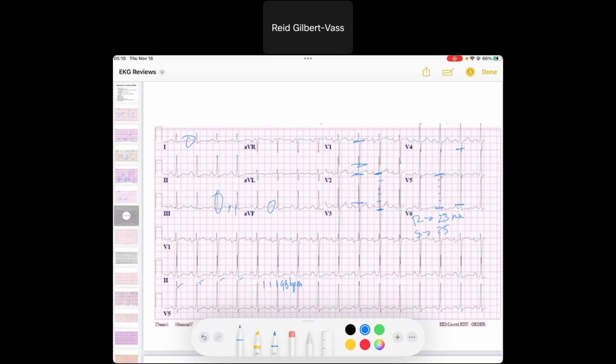It's our S in V2, and so that is 48 millimeters, which is greater than 35 millimeters. So I would say this person has ventricular hypertrophy. And so this patient has a normal sinus rhythm, left ventricular hypertrophy.